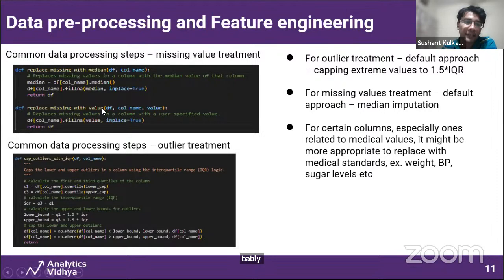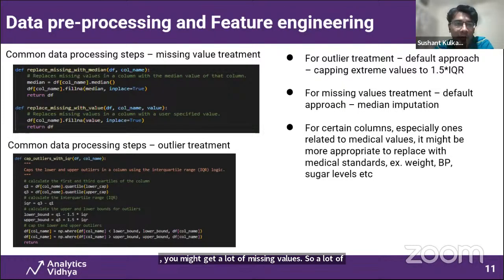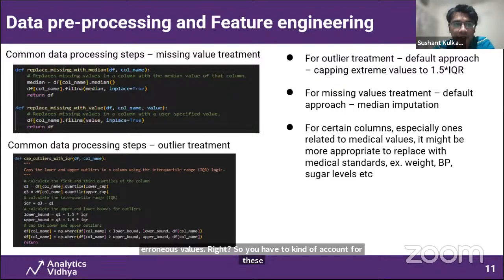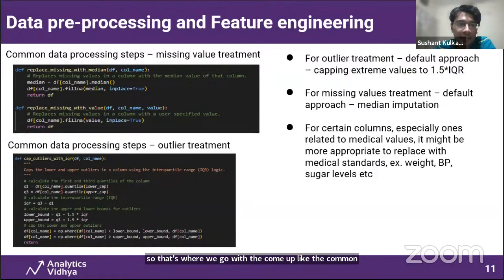So that's where the common processing comes in: to replace these missing values and also handle the outliers. For the missing values, one of the most commonly used approaches is to take the mean or the median, with the median being more robust to outliers. So if something is missing, like an income or some answer, you can replace that with the median.